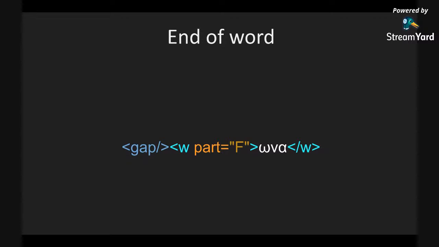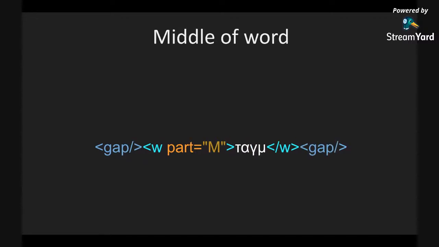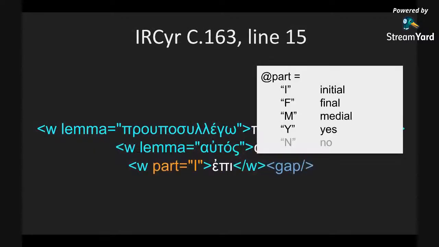The third kind of incomplete word is a string like this. You've got the characters tagm. That's clearly the middle of a word of some kind, but there could be several different words that it could be. So there's a gap both before it and after it, and we use part equals m, meaning it's the medial part of that. The other value, by the way, the value yes, is only useful potentially if you say this is part of a word.